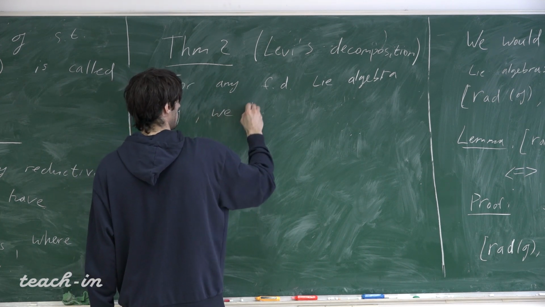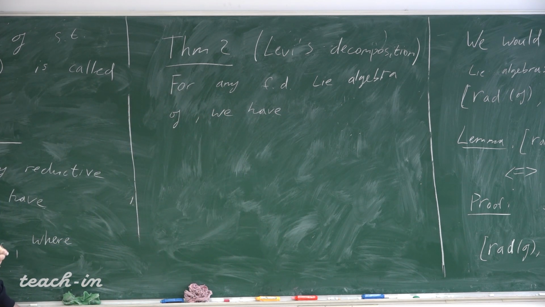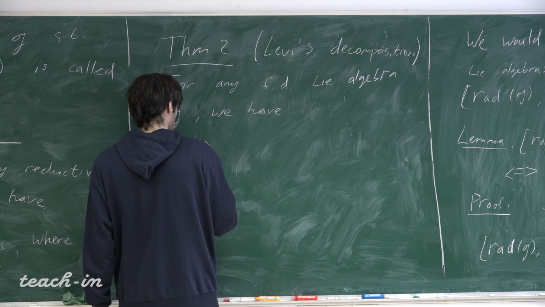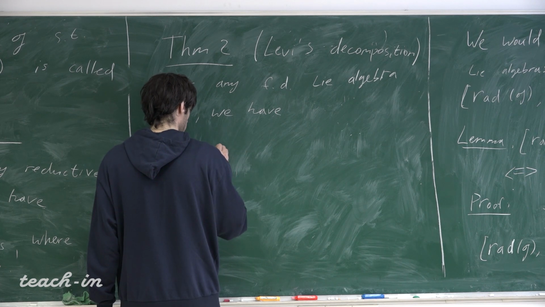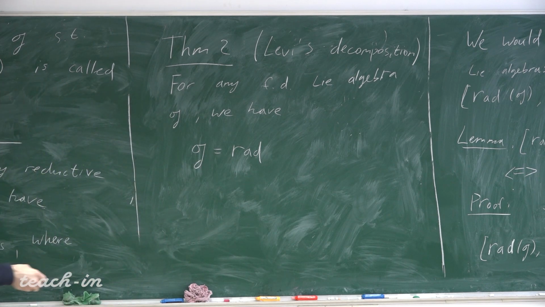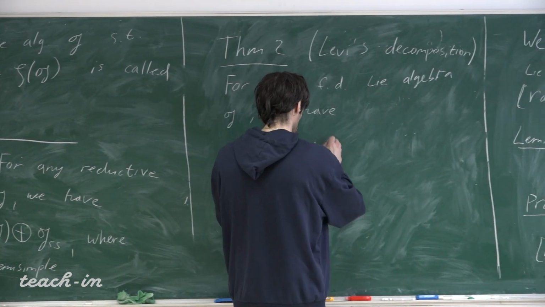we have the following. It decomposes, but not as a direct sum, but semi-direct. So actually, we talked about semi-direct sum of Lie algebras, so let me formulate it like this. So I have G. So now I have instead of center, which coincides with radical for reductive, here I have radical.